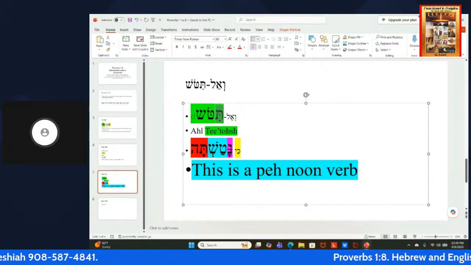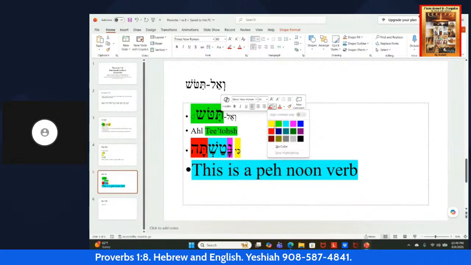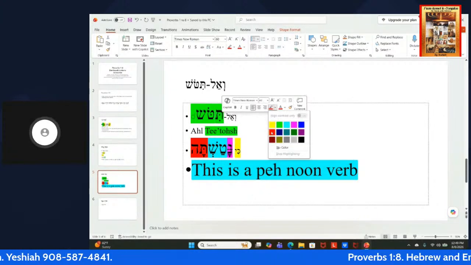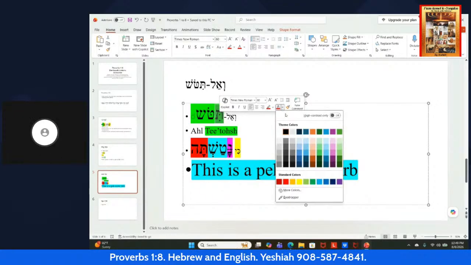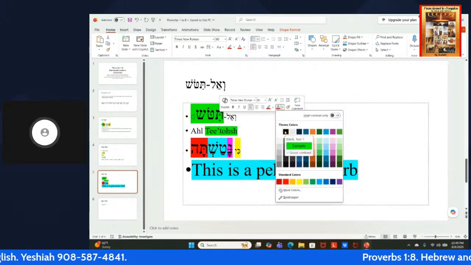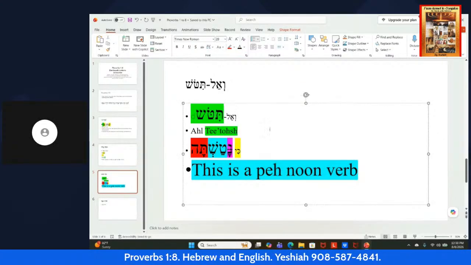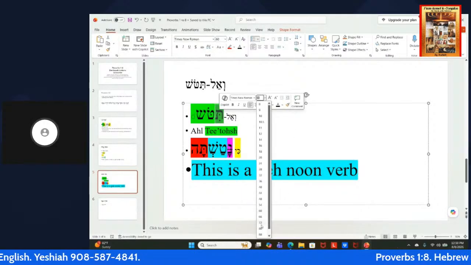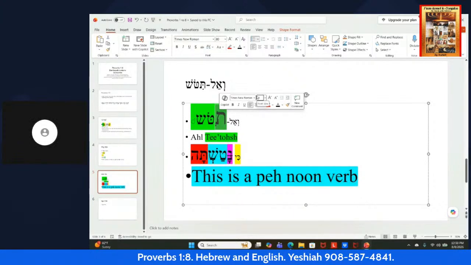This tav that we see right here, brothers and sisters, if we were to show it in red, that tav on the top there that we see, which we're going to enlarge, serves as a prefix for the future tense.